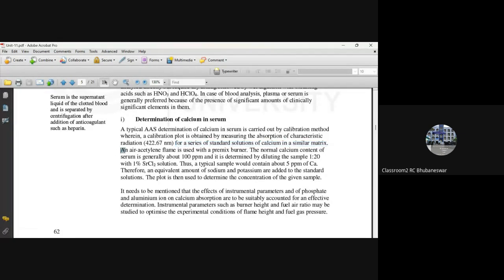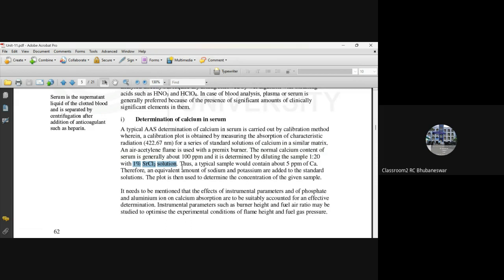So an air acetylene flame is used with a premix burner, and the normal calcium content of serum is generally about 100 ppm. Generally 100 ppm calcium is present in the serum, and it is determined by diluting the sample 1:20 with your SrCl2 solution.